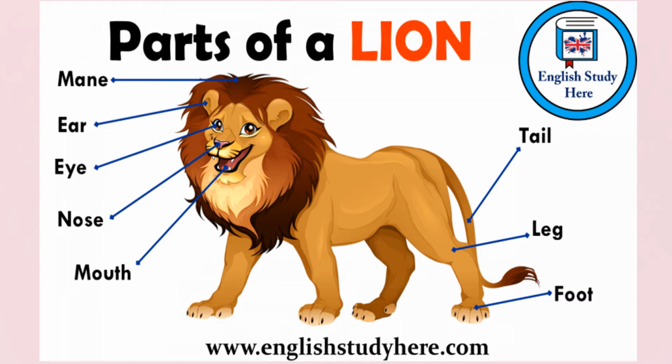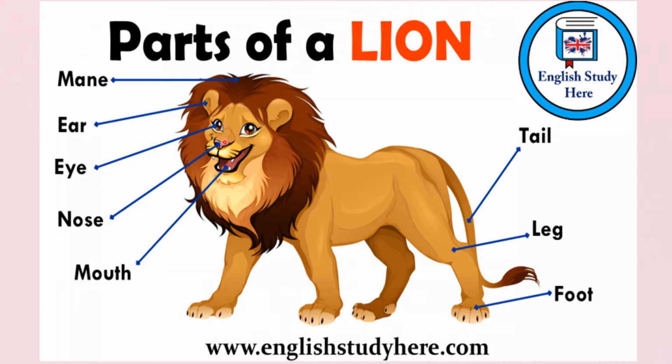Mane. Lion has a mane. This part, the hairy part around a lion's neck, is known as mane. A lion has 2 ears. Eyes. A lion has 2 eyes. Nose.